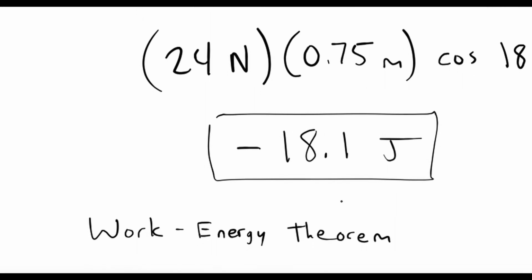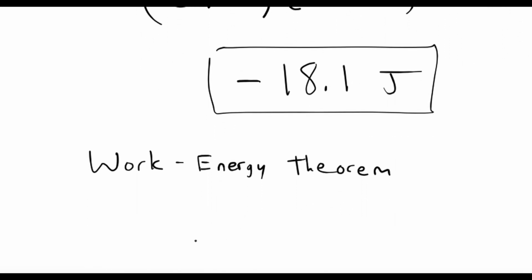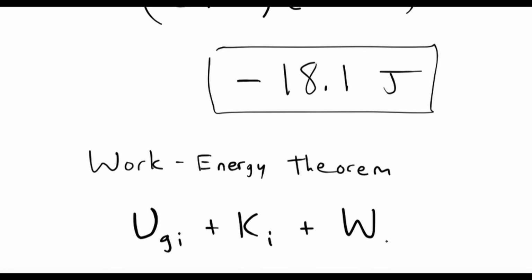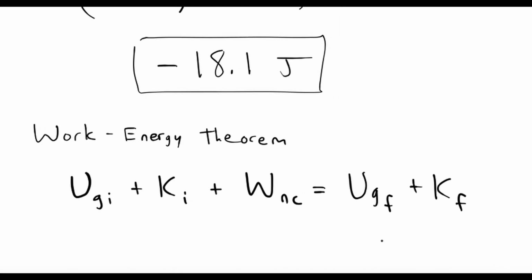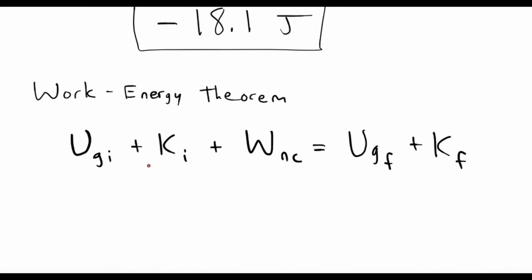and this is how much we lost in that rough patch. So according to the work energy theorem, you could say that your UGi plus your Ki plus any non-conservative work will equal UGf plus Kf. Now in this particular problem, the UGs are irrelevant because your crate is just on the ground.